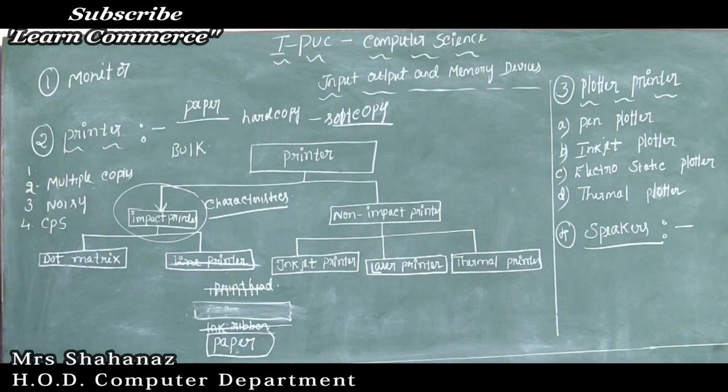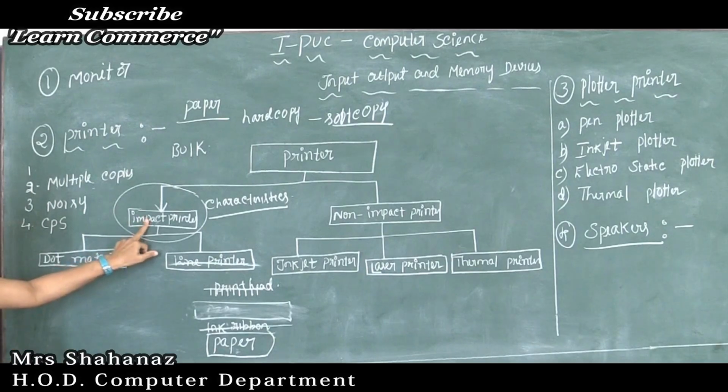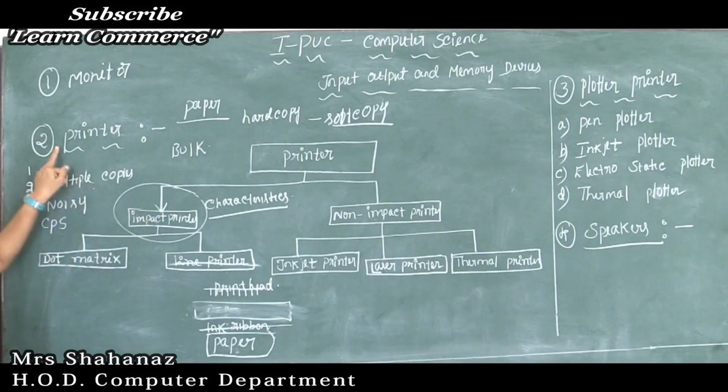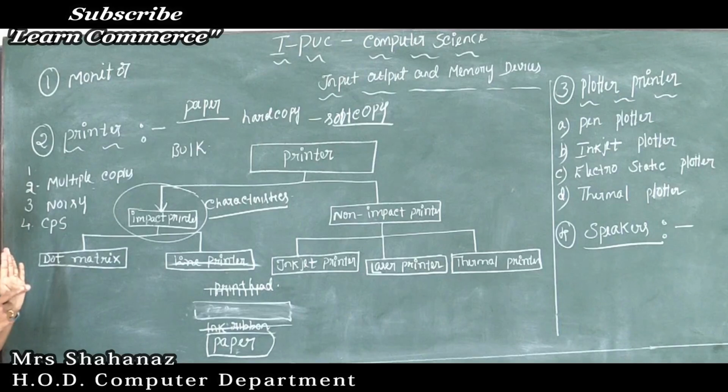So these are all the characteristics we can write for our impact printer. Clear this point. First, there is a physical contact between the print head, paper and the ink ribbon. They are low cost, correct? We can print many copies, and they are also ideal for printing multiple copies.